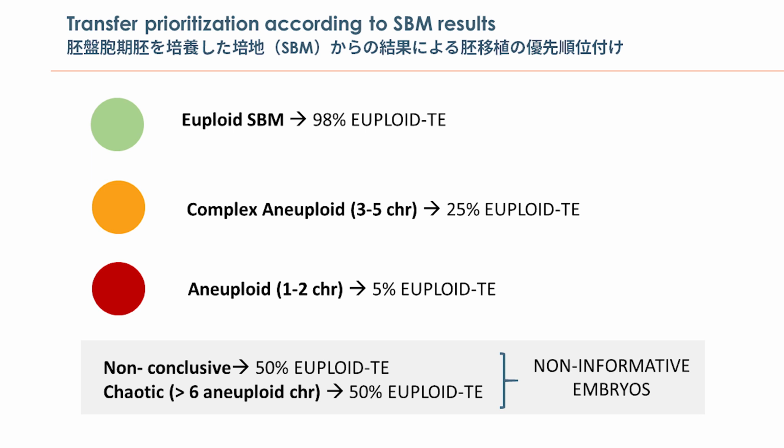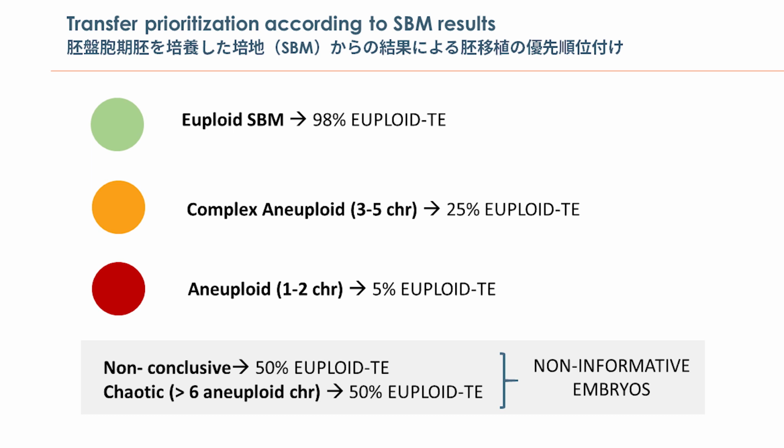The very risky ones will be the red ones, in which, in our previous experience, only 5% of them have been euploid. Most of them are abnormal. But also, if you feel uncomfortable discarding embryos, you can just do the genetic counseling with the couple, saying these embryos have lower risk of implanting, they have higher risk of miscarriage.